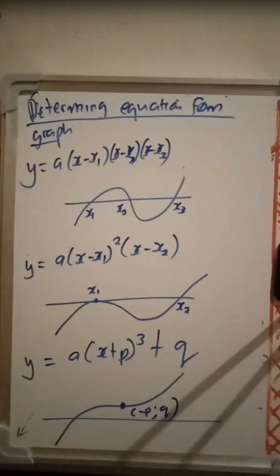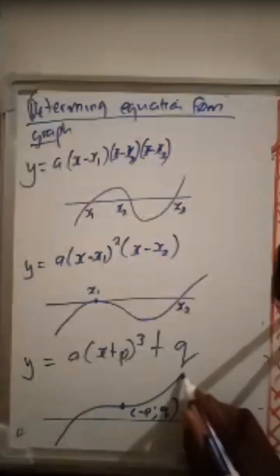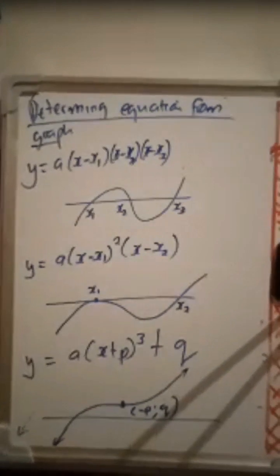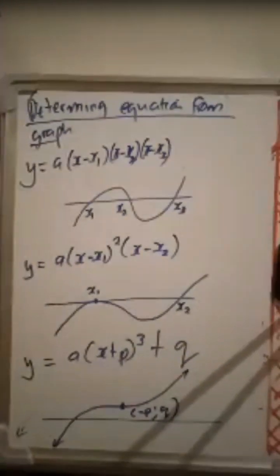So when it goes there, it becomes positive p, and then q doesn't change. So we have three ways by which we can determine the cubic function from the graph.